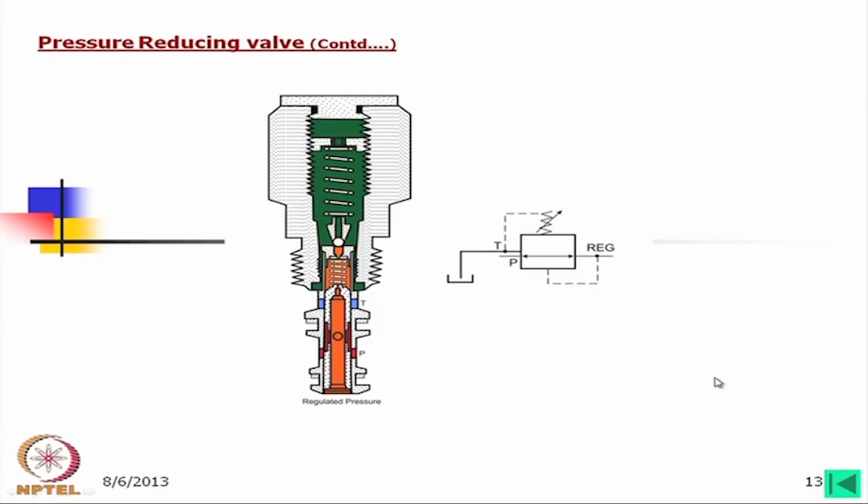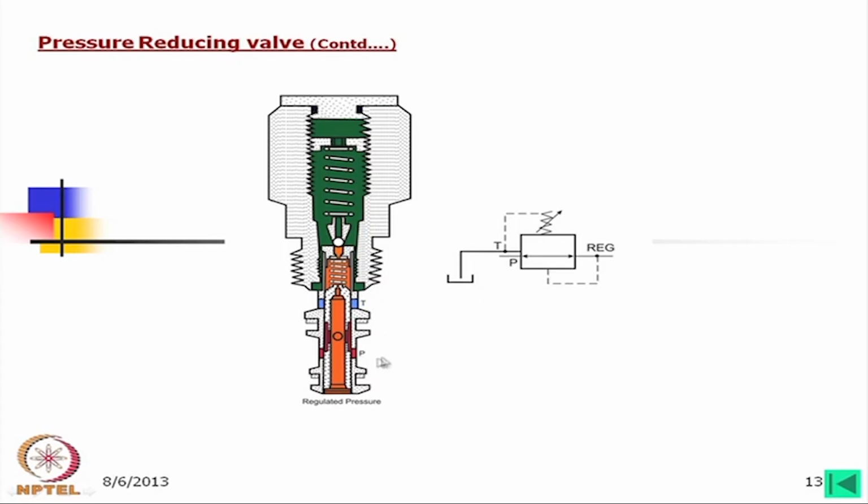Now, this is another pressure reducing valve which is called the cartridge type. As you see here, you can study this part. This is the pressure line. Oil is coming over here, and this is the main spool which moves depending on the regulation here, and then flow goes to the tank through this part.